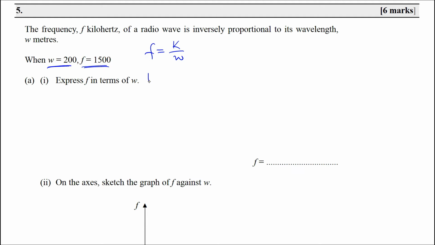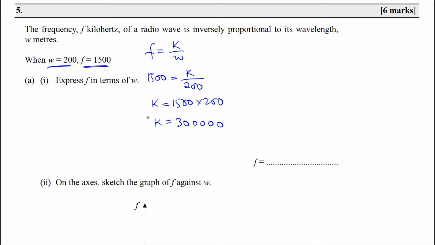So we have 1500 equals K over 200, which implies that K will be the opposite of dividing by 200, which is multiplying by 200. So K will be equal to 1500 multiplied by 200, which is 300,000.